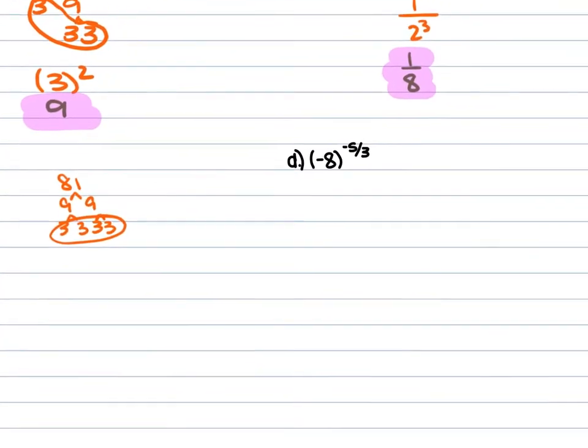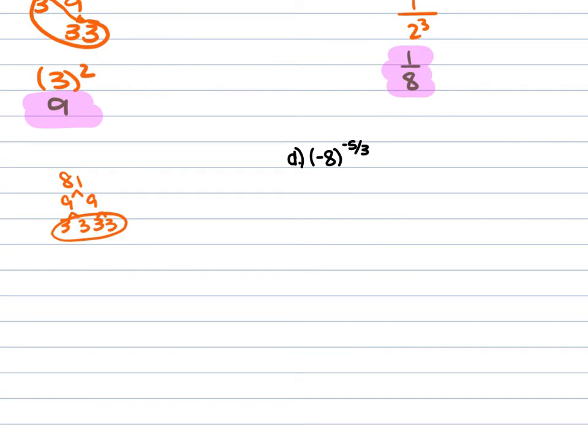For example D, we have negative 8 to the power of negative 5/3. Again, we want to turn that negative 5/3 into a positive 5/3, so this is just going to become 1 over negative 8 to now the positive 5/3 power. We're told to take the cube root of negative 8 and then raise it to the 5th power. So this is going to turn into 1 over the cube root of negative 8 to the 5th power.